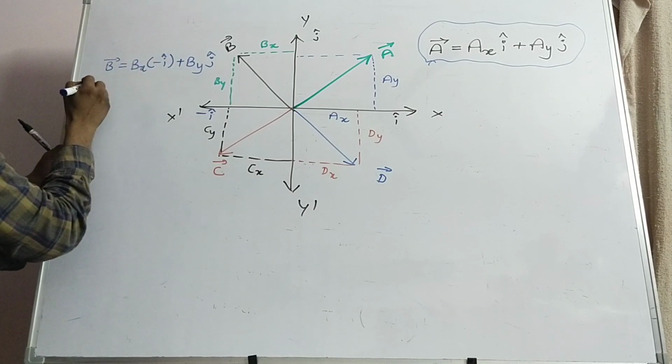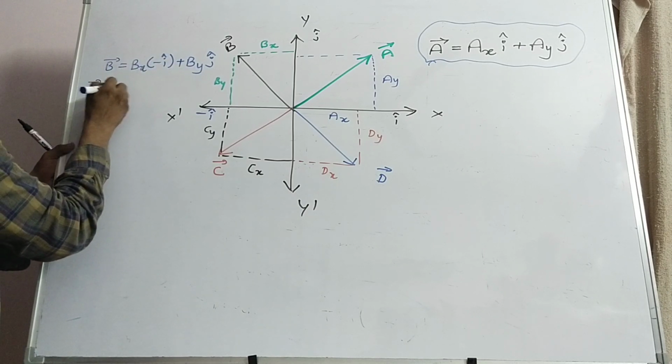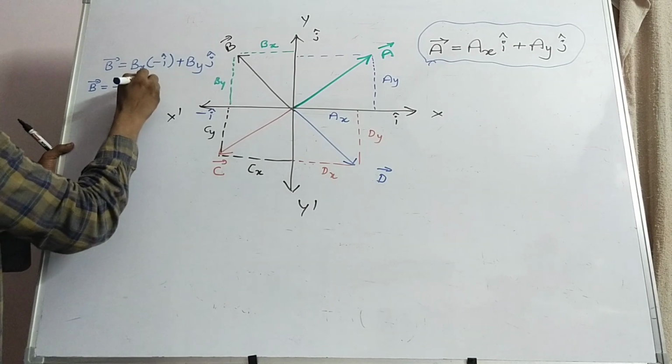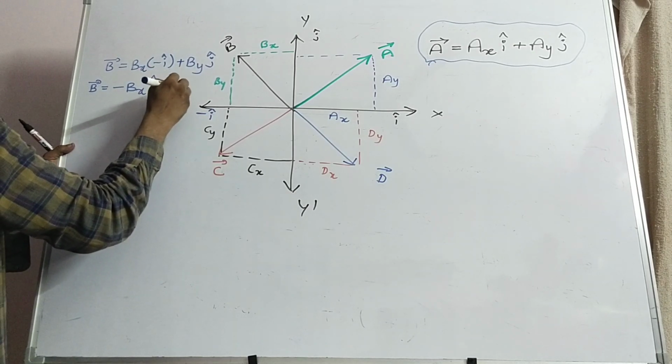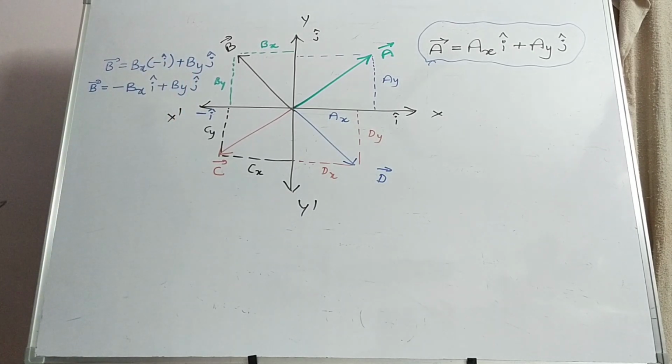So the expression will be b bar is equal to minus bx i cap plus by j cap.